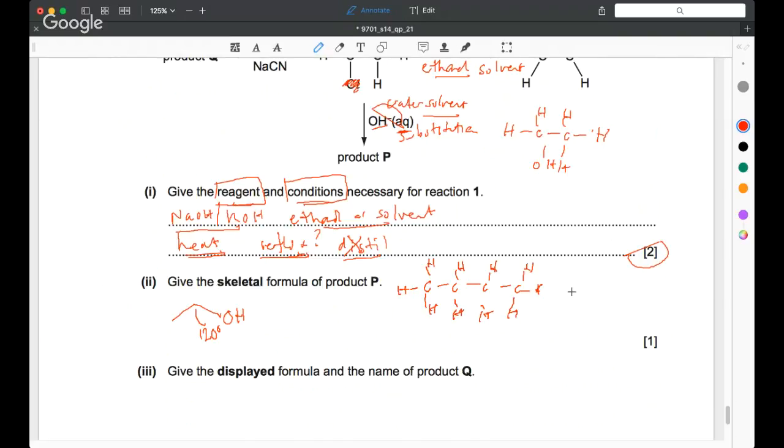You could draw wedges. But with the skeletal formula, you're looking, if you like, at that tetrahedral shape, but kind of squashed flat. So each of these is a tetrahedral shape. You've got a carbon joined to another carbon, and that might be joined to a hydrogen atom, another hydrogen atom up there, and the other carbon atom going behind the plane of the paper.